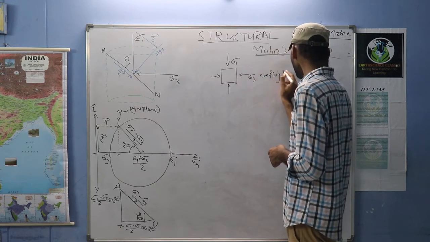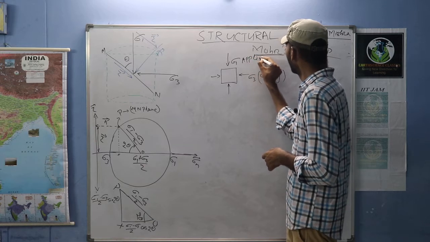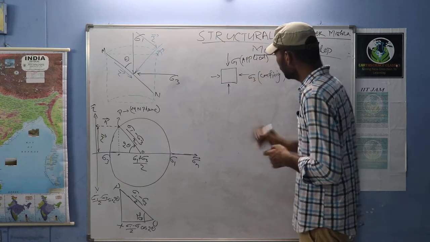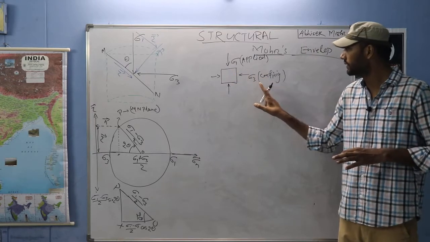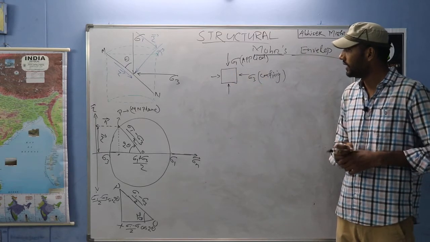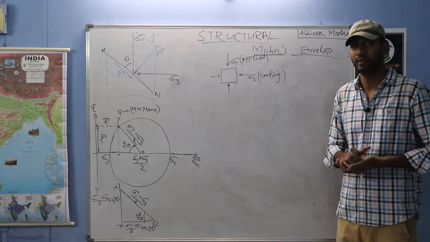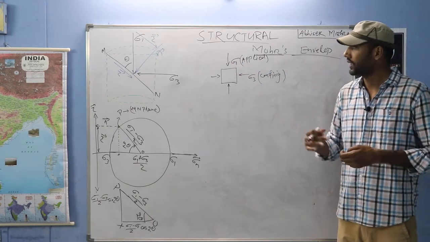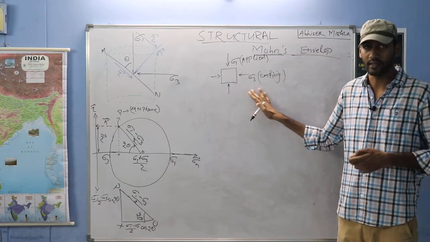This is the confining and this is the applied one, right? So what will happen if the material is under some confining stress and I apply some applied stress like sigma 1? I am going to increase that applied stress with increase in confining stress.